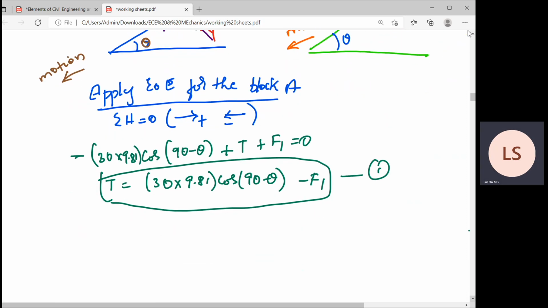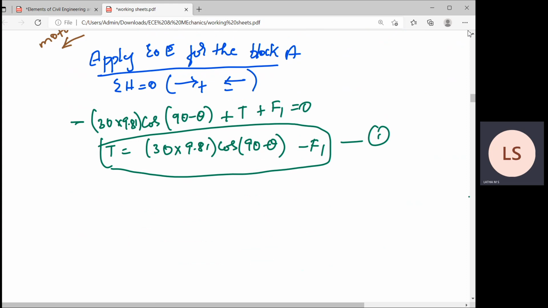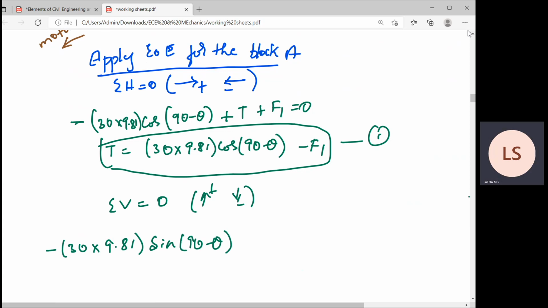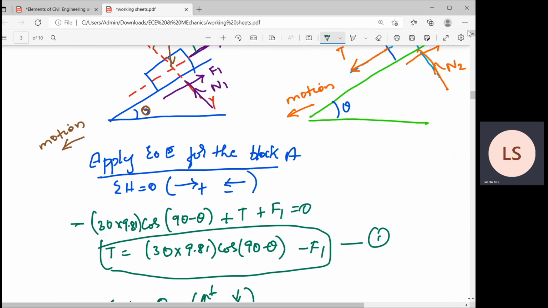Okay. Similarly, I'll apply equations of equilibrium, sigma V is equal to 0. I'll take upward moving forces positive, downward moving forces negative. Now I'll write the equation as minus 30 into 9.81 into sine of 90 minus theta. Then what else do you find along vertical?